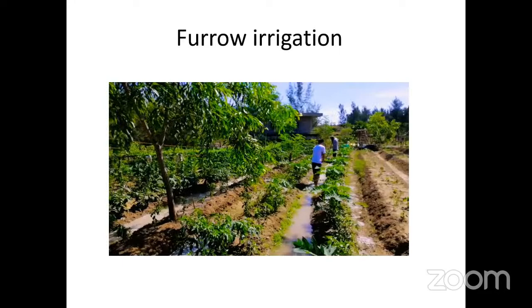Now we go to the other slide, which shows the furrow irrigation. The furrow irrigation system also belongs to the surface irrigation system. In this, we make straight ridges, like you see in the picture, and the water flows in between those ridges.